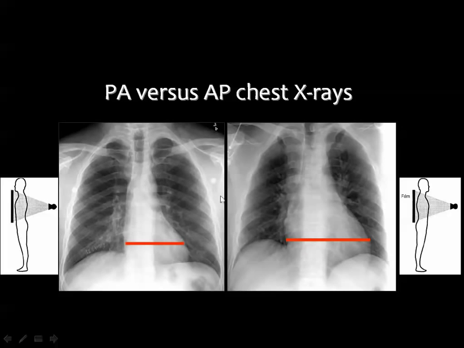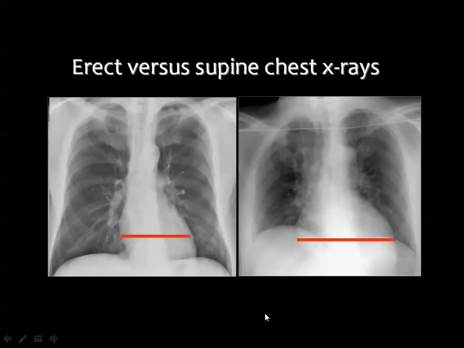This is the postero-anterior view, and this is the anteroposterior view of the same patient. You can see here the normal cardiac transverse diameter, and here the transverse cardiac diameter appears as if it is increased, but this is because of the magnification of the heart secondary to being far away from the x-ray film.